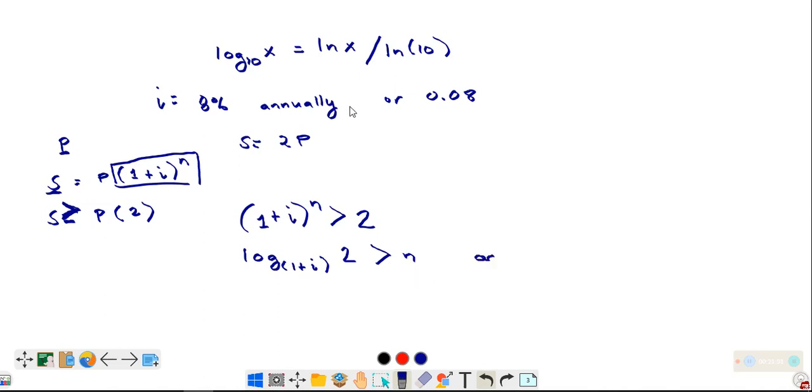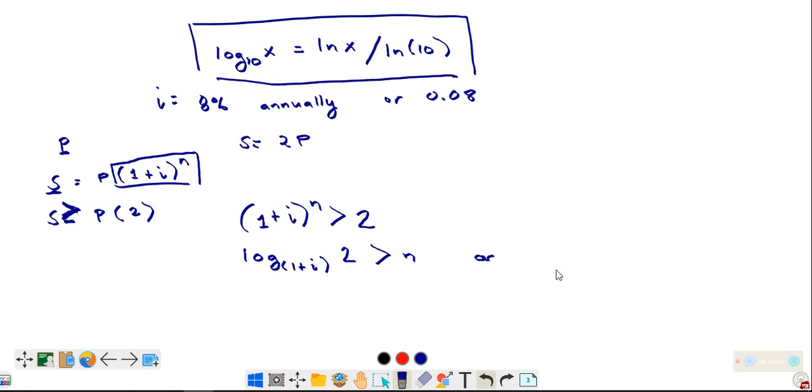Or, pwede natin siyang i-translate using this as, logarithm of 2 with base 1 plus I is equal to ln of your value unknown here, yung x mo dito, over ln of your original base.